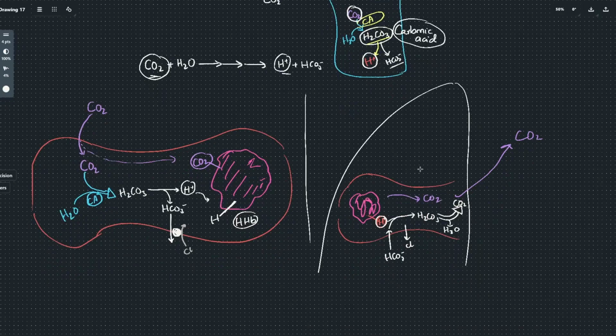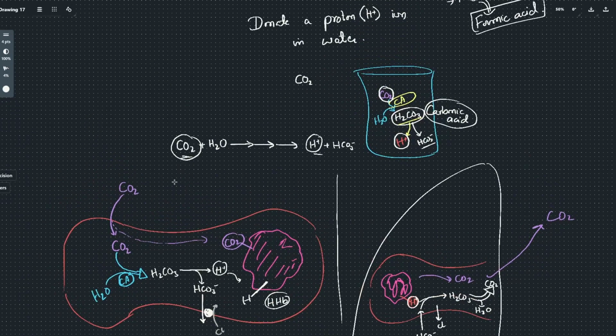That is why CO2 and H2CO3, the carbonic acid, is a special acid. It is not a typical acid that is produced in our body. It is so special that it is called a volatile acid, because it evaporates via the lungs. It has the luxury to be excreted directly through the lungs, and that is a very quick process.